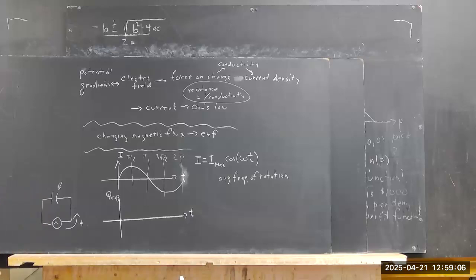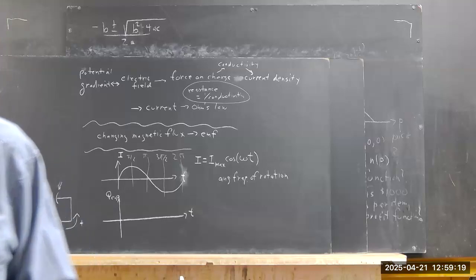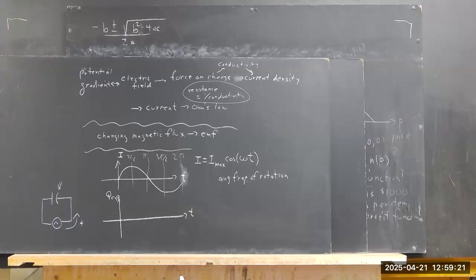So tell me where it is that the charge on the capacitor is going to start decreasing. Or tell me for how long the charge on the capacitor will increase.